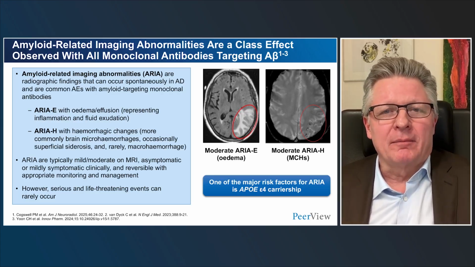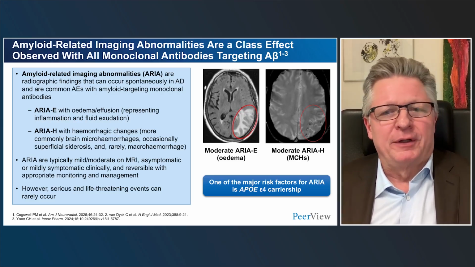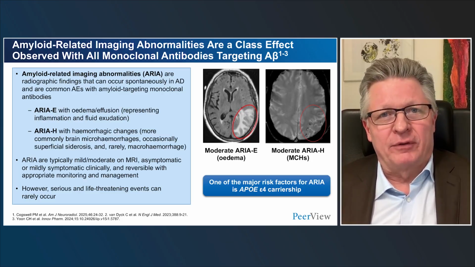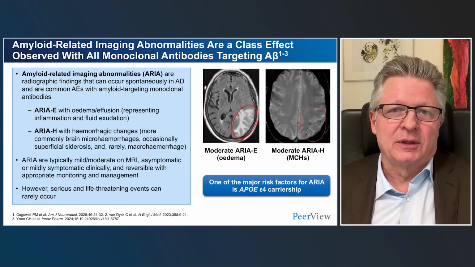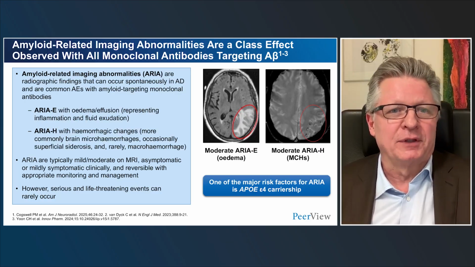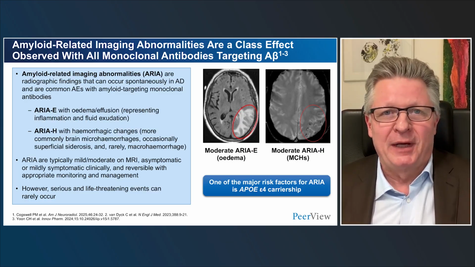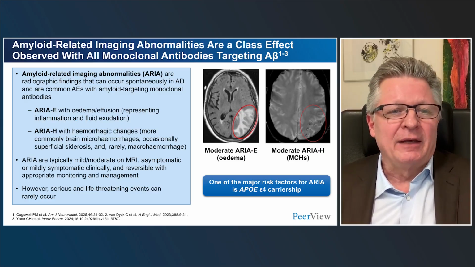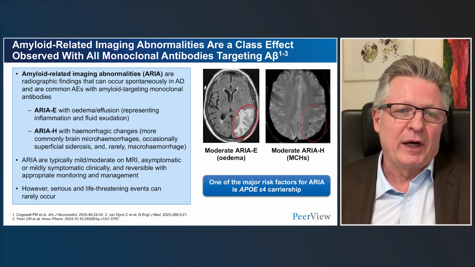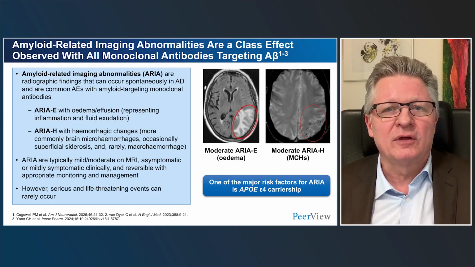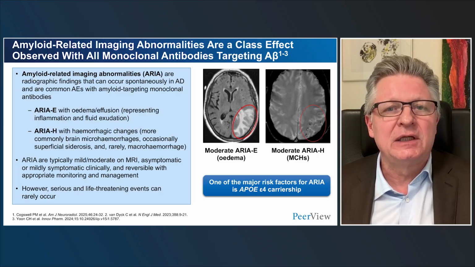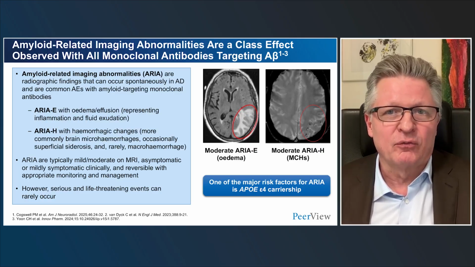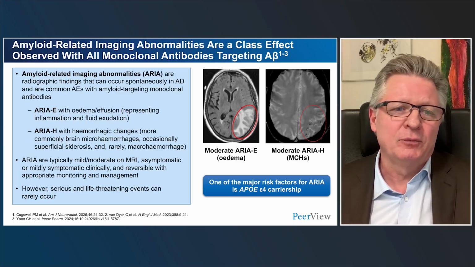One of the most prominent side effects of the new anti-amyloid antibody treatments are changes observed on the MRI called amyloid-related imaging abnormalities, or ARIA. There are two types of ARIA. One is called ARIA-E, where there is an efflux of fluid into the brain tissue, which you can see as a hyperintensity on MRI, particularly on FLAIR sequences.